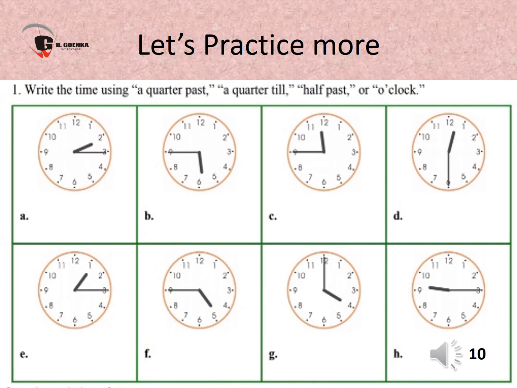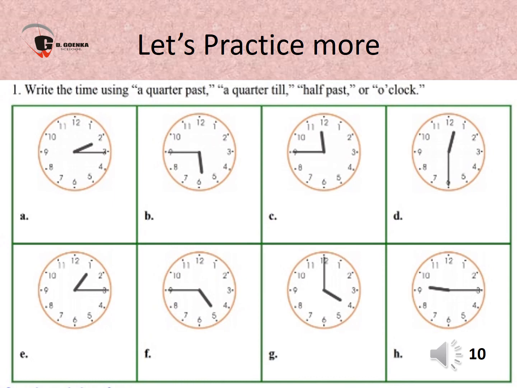Write the time using a quarter past, a quarter to, half past or o'clock. Here, as you can see in this activity, a few clocks are given. What you will have to do is tell me the time. So in part A, the minute hand is at number 3 and the hour hand is just past number 2. So what is the time?